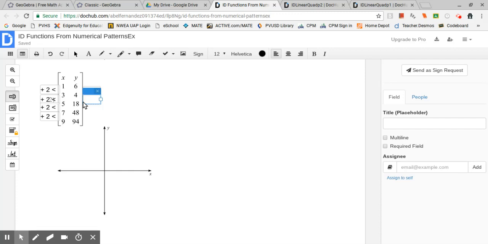So I'm adding 14. Okay, this doesn't make any sense now. So from 6 to 4, I'm subtracting 2. From 4 to 18, I'm adding 14.